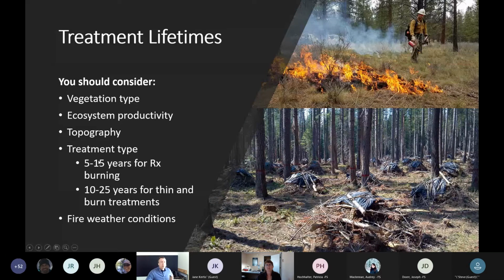But typically what we see is that things like broadcast burning is effective at moderating fire behavior from anywhere from 5 to 15 years, probably on the shorter end of that if fire is burning under more severe or extreme weather conditions. And things like thin and burn treatments tend to moderate fire behavior on the landscape for a little bit longer, maybe 10 to 20 or even 25 years.